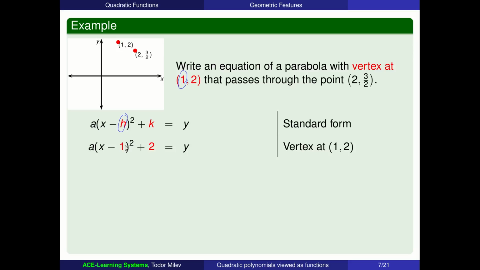So the number h must be 1 because that is exactly the x-coordinate of the vertex, and the number k must be equal to 2 because that's exactly the y-coordinate of our vertex, right? So h is 1, that's the first coordinate here, and k is 2, that's the second coordinate here. That's this point.